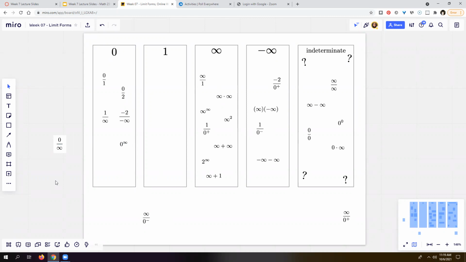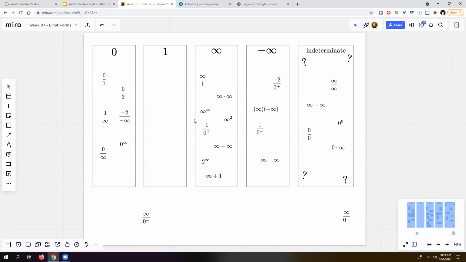And 1 over infinity goes to 0. So you really have 0 times 0 in this situation. Or if you like, you can think about it that making the top of a fraction 0 makes the whole fraction smaller. Making the bottom of the fraction go to infinity makes the whole fraction also smaller. So there's no fight here. Both the numerator and the denominator are conspiring to make that quotient very small.